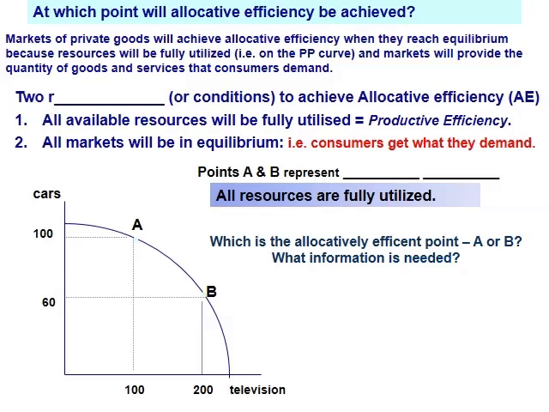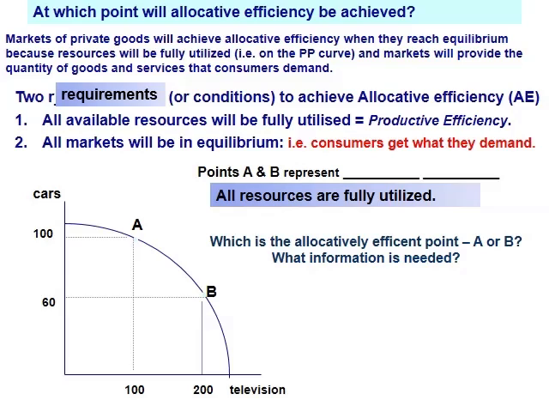In other words, will be operating on the production possibility frontier or curve. And secondly, each market, whatever market is involved in that production of goods, will provide the quantity of goods and services that consumers demand. So we say there are two requirements or conditions to achieve allocative efficiency.